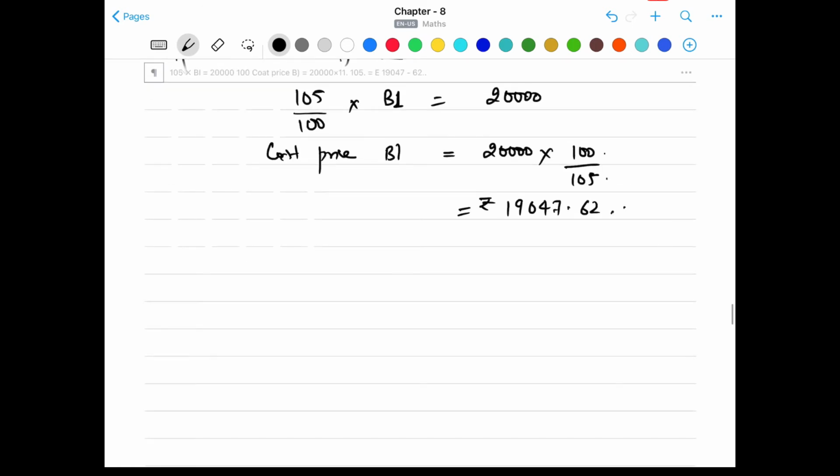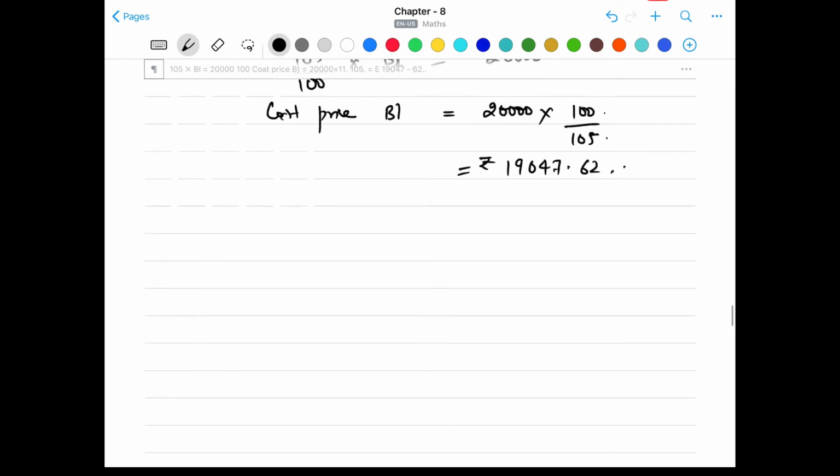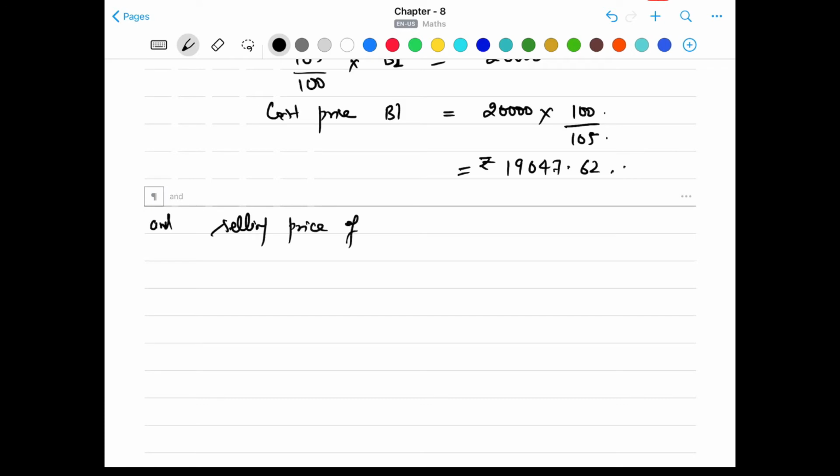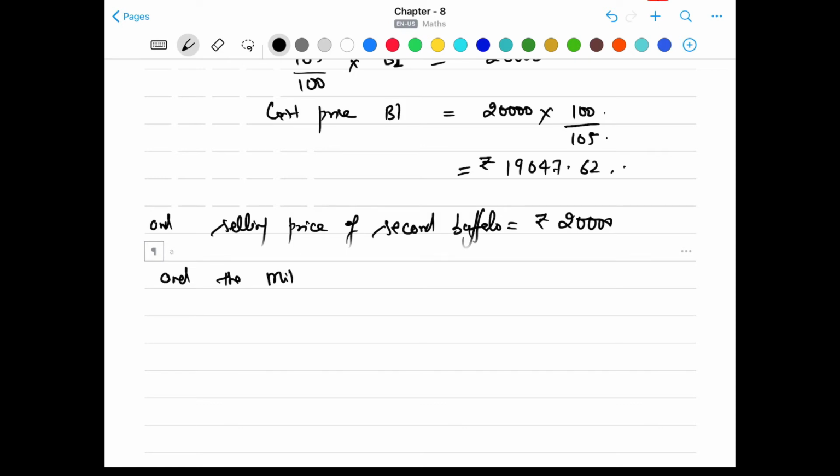Now let's come to the second buffalo. The selling price of the second buffalo is again 20,000. This time he has made a loss of 10%.